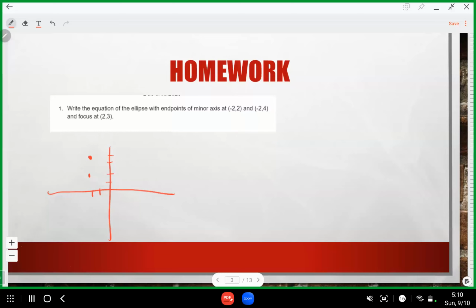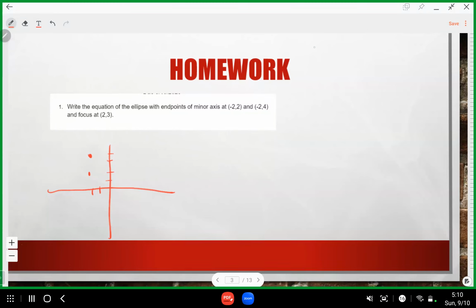We know that the equation of an ellipse is (x minus h) squared over a squared plus (y minus k) squared over b squared equals 1. Of course, a squared and b squared can switch.